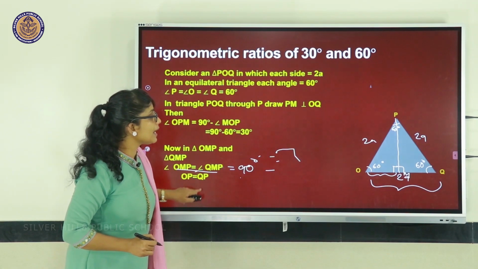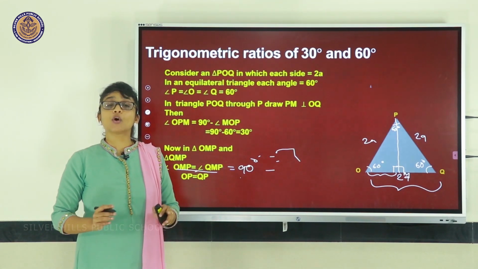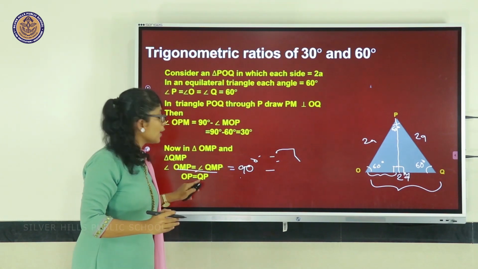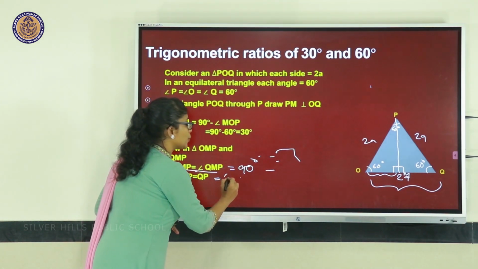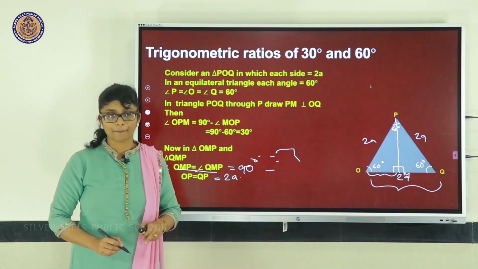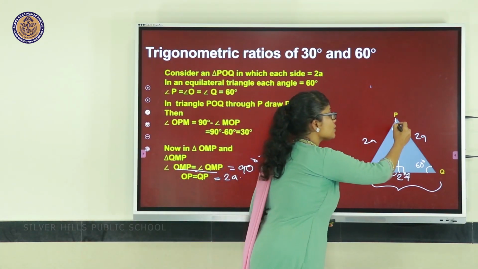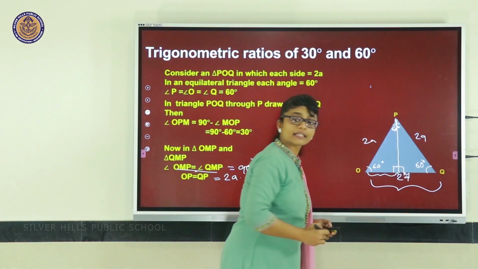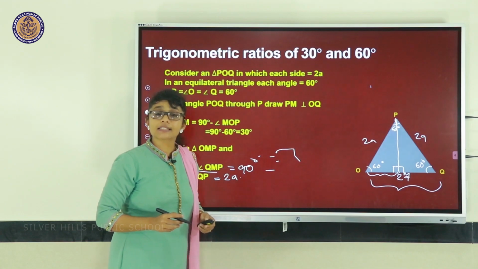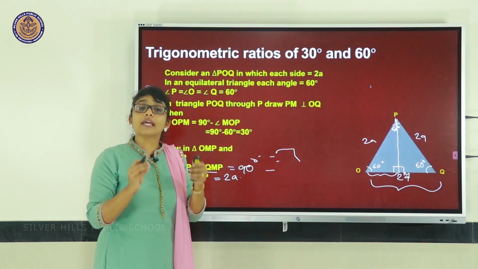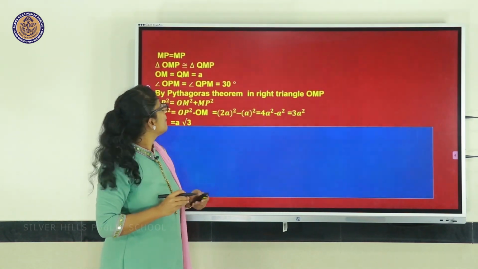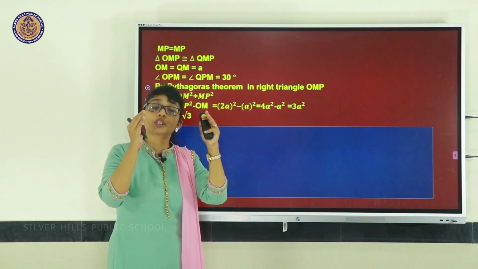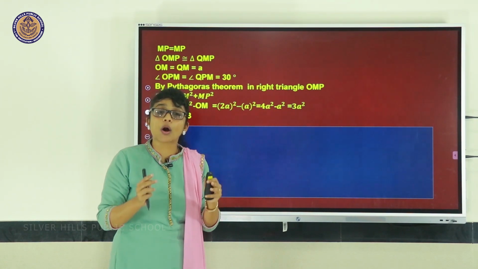And OP equal to QP because it is an equilateral triangle. All sides are equal. Therefore, OP equal to QP equal to 2A. And here one more side is PM. PM is common to both right angle triangles. So, we can say that PM equal to PM. So, we can say that two right triangles are congruent.